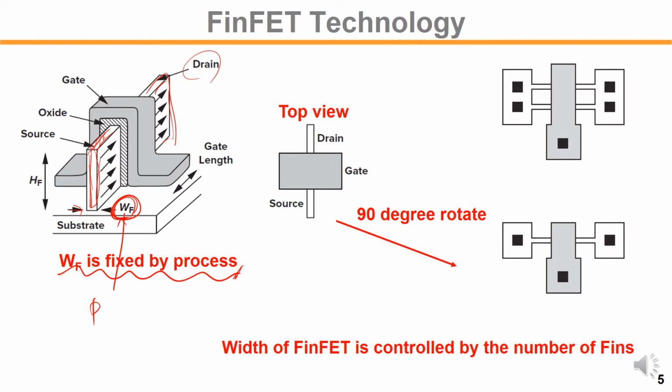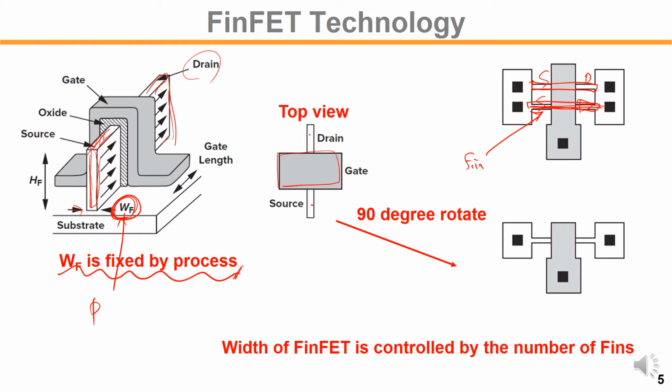The way we get a large W is that we make more lines. So we place more fins, source and drain. By controlling the number of fins, we can increase the W size. This is a fin, from the top view. We have a gate surrounding the source and drain.